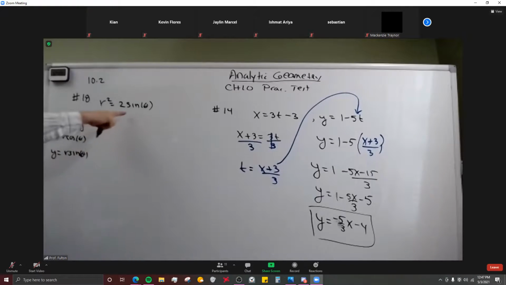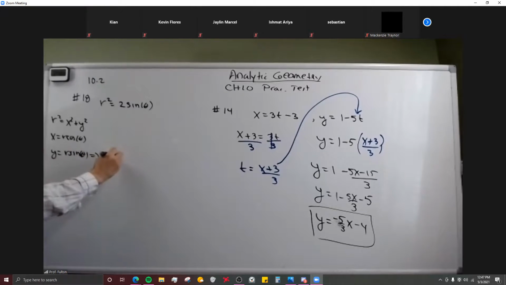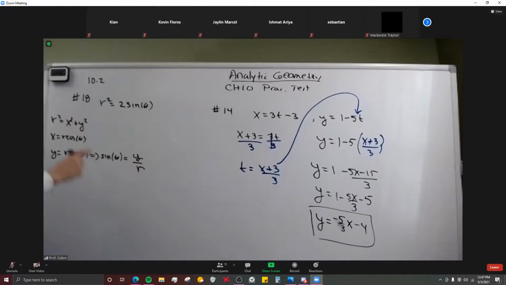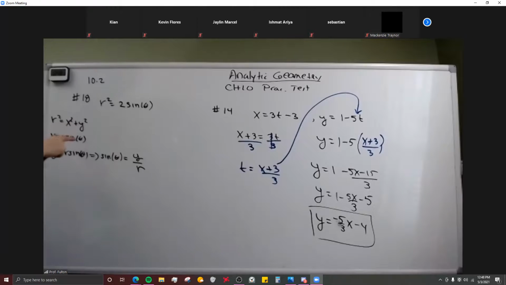Now for this one, that would tell me that sine theta is equal to y over r. But what is r? r is the square root of that. So it gets kind of messy over here.